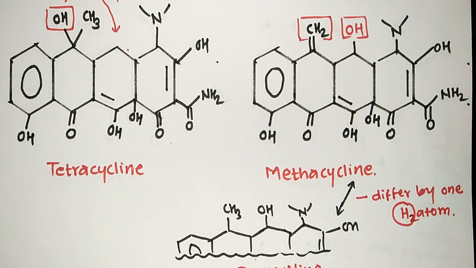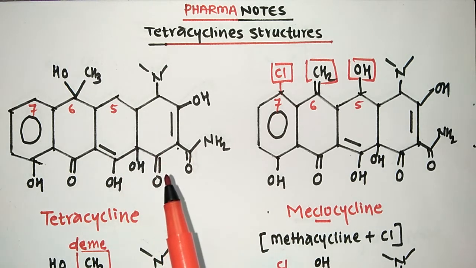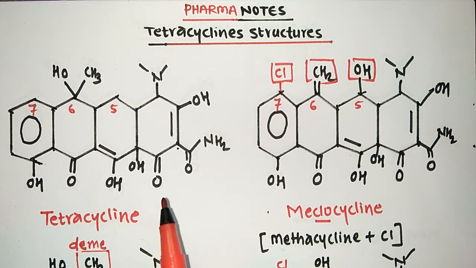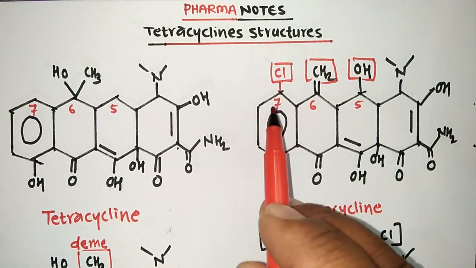We go forward to another member of this family. So here is meclocycline. We have to learn about meclocycline. So we are just going to become expert in drawing the tetracycline. Meclocycline is very easy, as I already told you in chlortetracycline. The chlor word reminds us about the chlorine, which is placed at position 7. So meclocycline also contains the chlor word, which informs us to draw the chlorine at the 7th position.